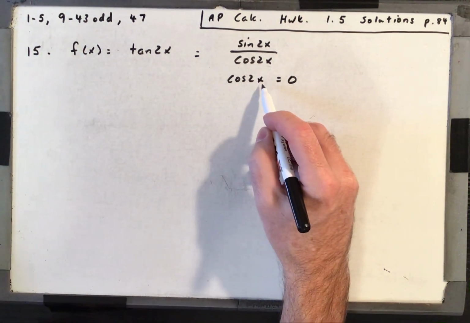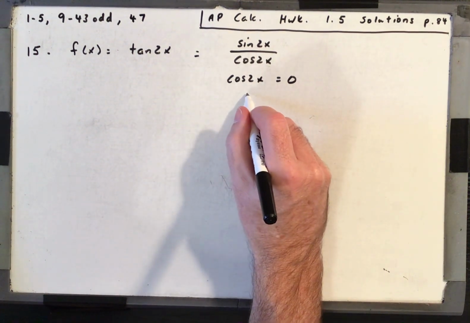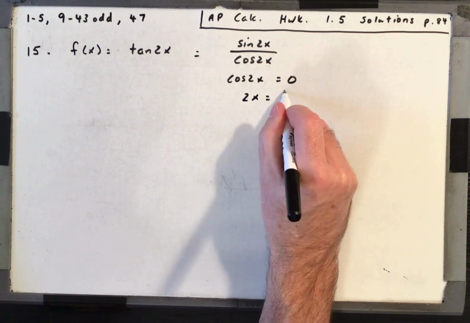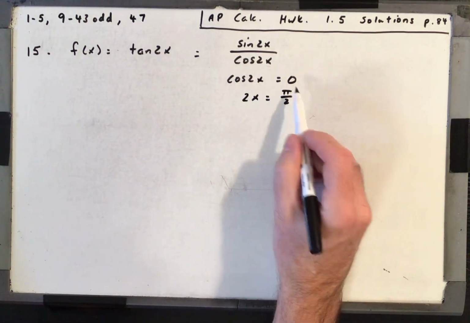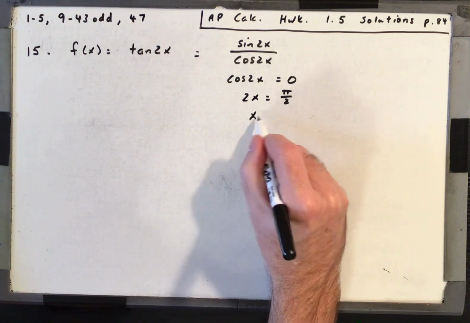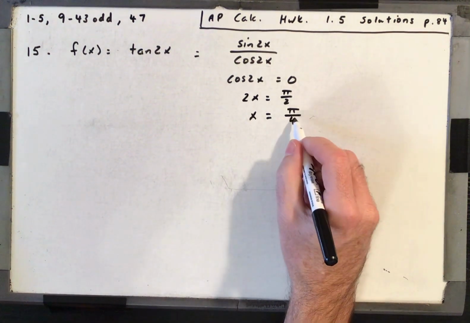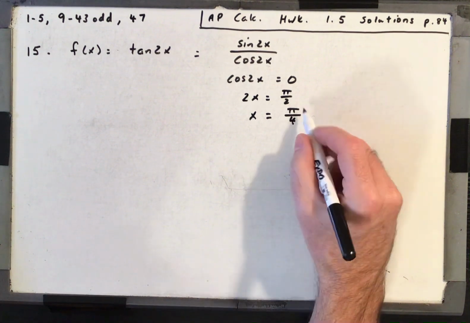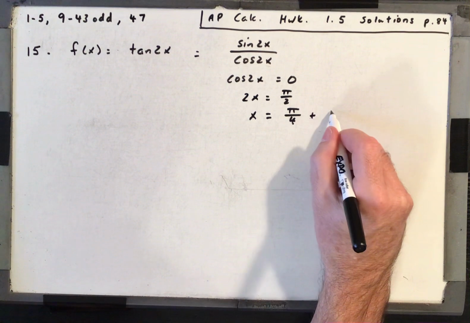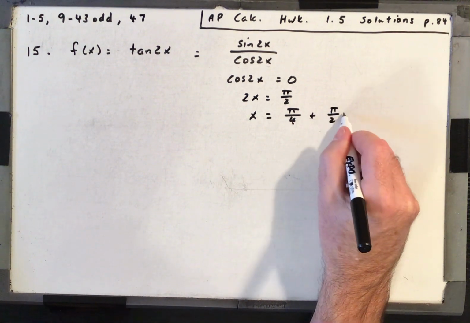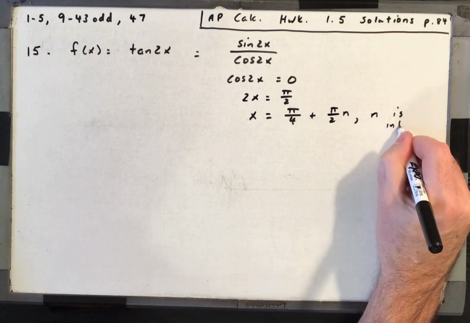Cosine is 0 when it's pi over 2. So we could say 2x equals pi over 2, right? Because cosine of pi over 2 is 0. So x would be pi over 4. And then it's every pi over 2 units after that. So it would be plus pi over 2 times n, where n is an integer.